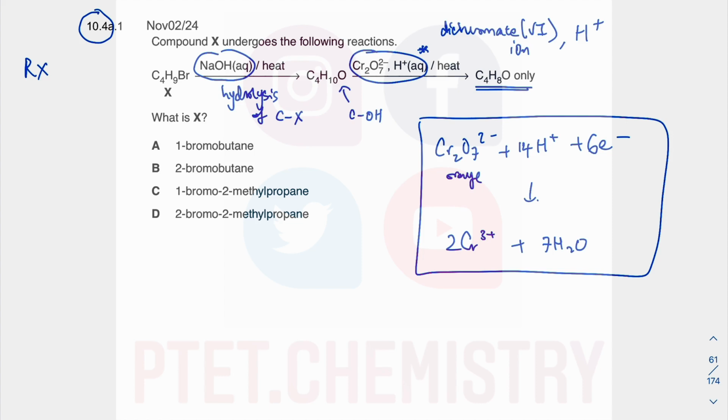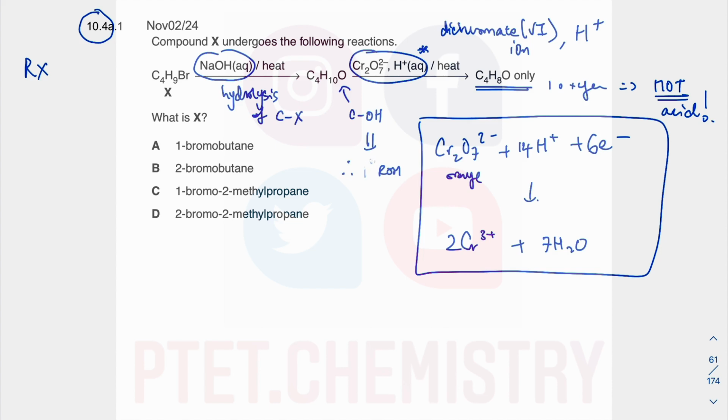When we oxidize alcohol, we can get carboxylic acid, aldehyde, or ketone, but here there's only one oxygen, so it is not carboxylic acid. If it is not carboxylic acid, I'm looking at primary alcohol.